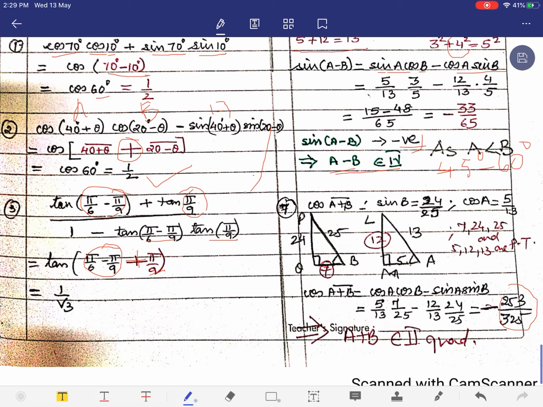Now, the significance of minus 253 upon 325 is again saying that the angle A plus B belongs to the second quadrant. That is the reason why cosine ratio is negative.